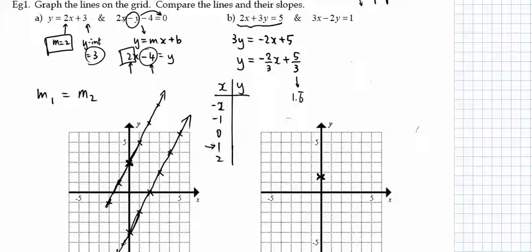Like let's say I use x equals 1. When x equals 1, that turns into negative 2 times 1 plus 5, giving us positive 3. So if you have 3y equals 3, we will have y equals 1.